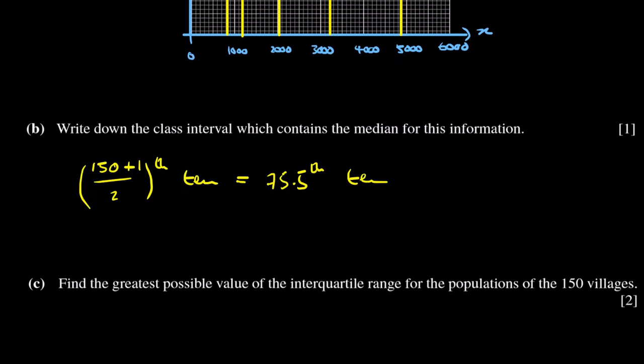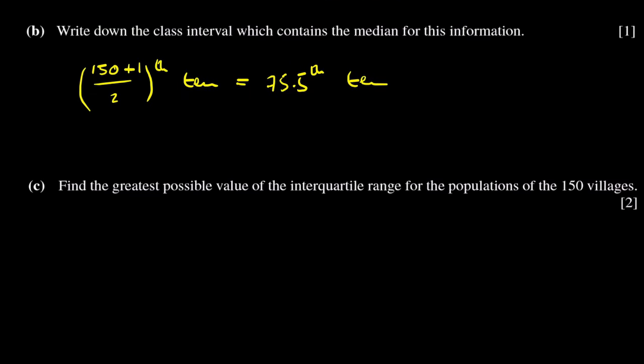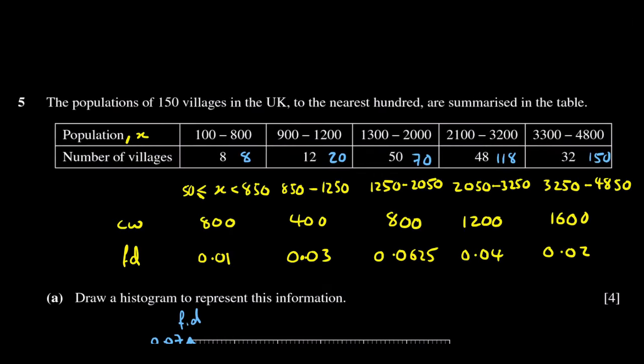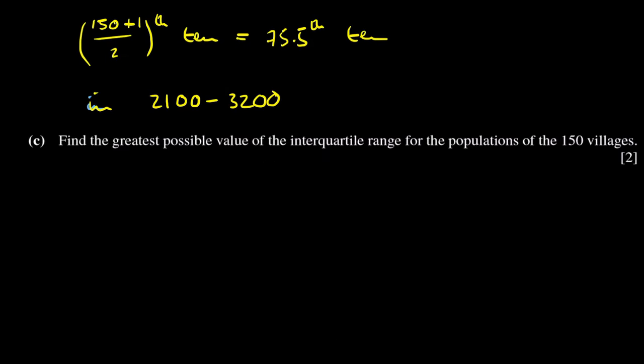So let's put it as in the 2,100 to 3,200 group. Yep, or the 4th category, or 4th group.